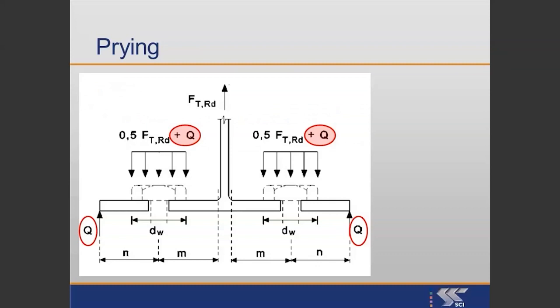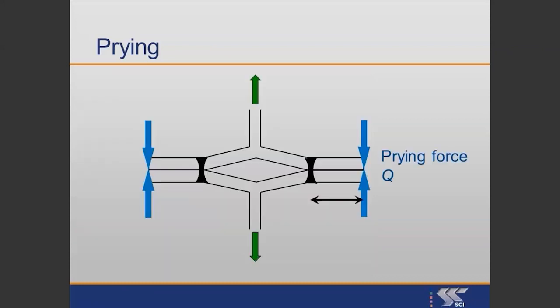And if we resolve vertically, then not only have we got the applied tensile force, so that's up at the top, highlighted now, we've also got the prying force. So the bolts not only feel half of the externally applied tension, they also feel the prying force Q. That's why we should include it in the assessment.